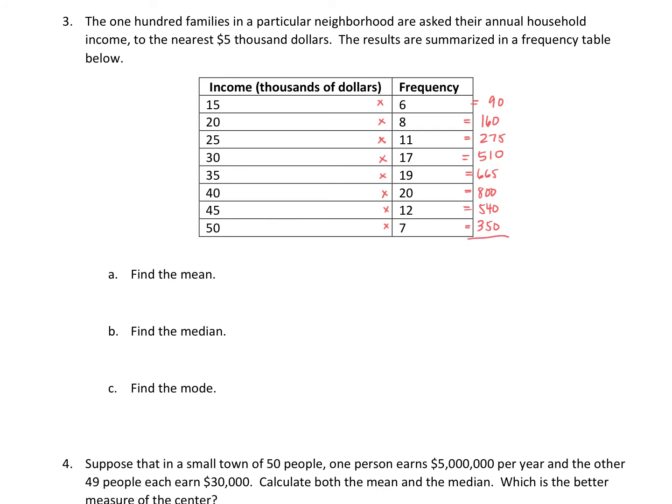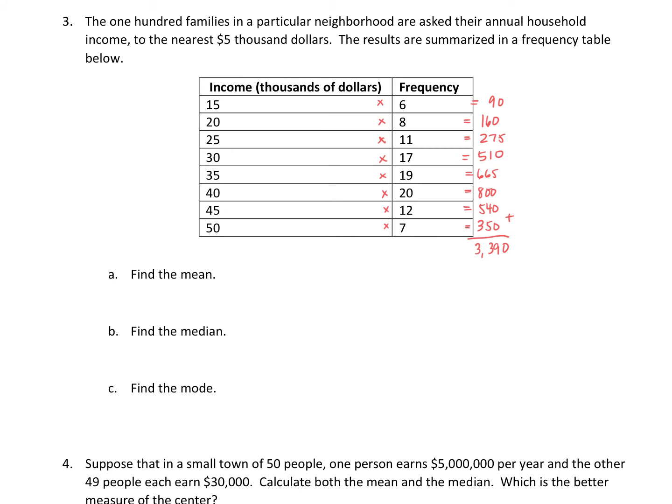So we're going to add all of those up. When I added them all up, I got 3,390. So once you do that, you can now take that and divide it by n, which is the number of data points in your data set.